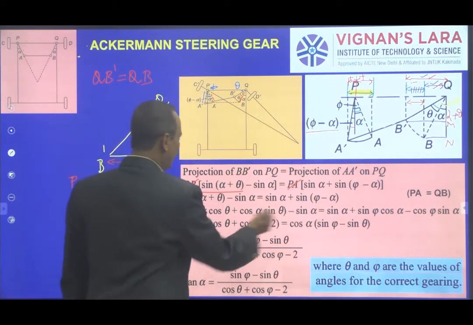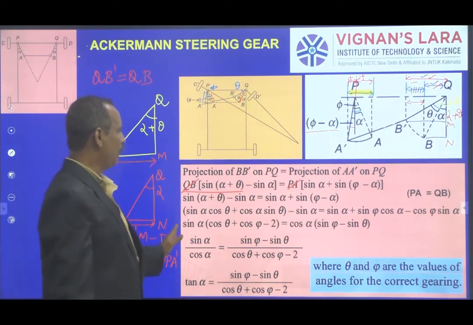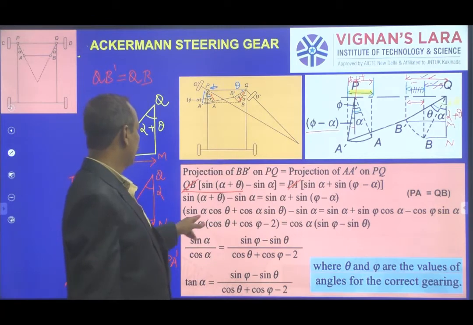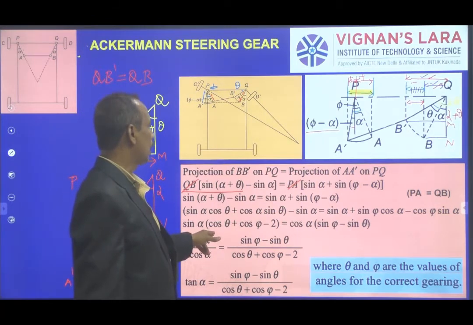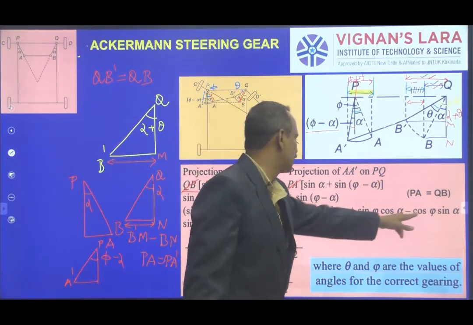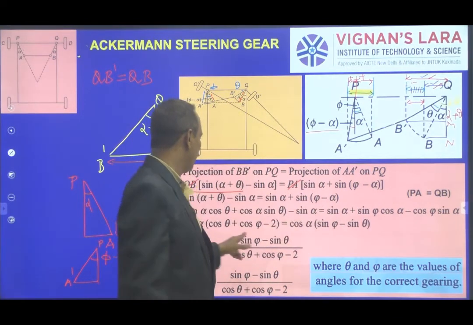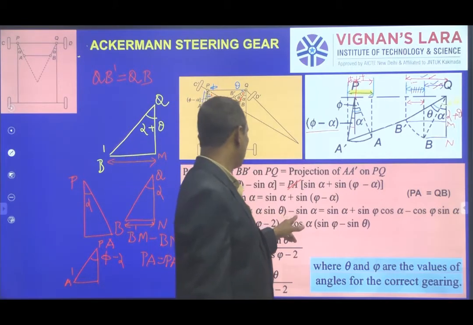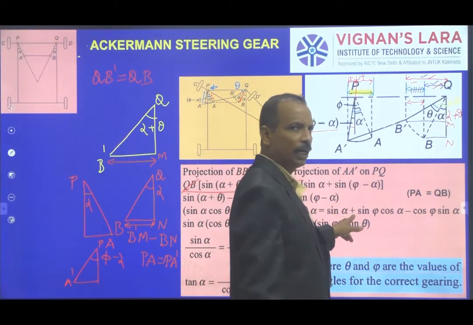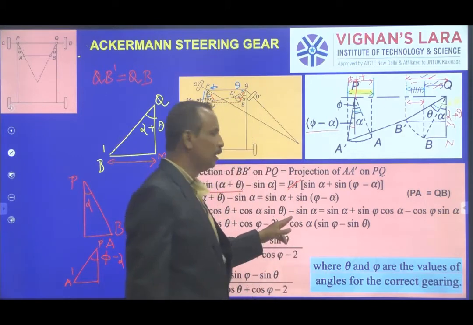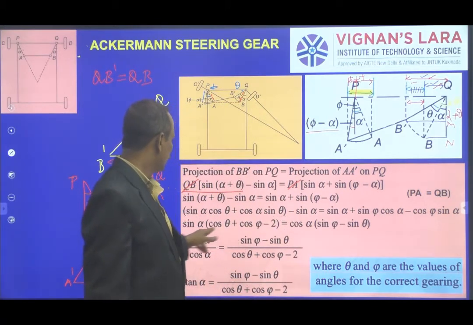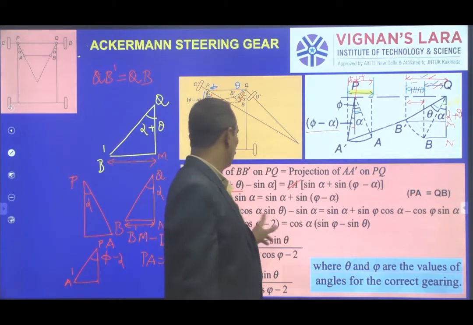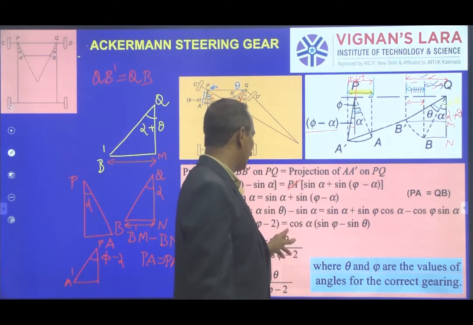Then simply rearrange the terms, sine terms one side and cos terms on the other side. So I can rearrange sine alpha into cos theta, and taking from this side, the minus sign will become plus, then plus cos phi, and here minus sine alpha and here plus sine alpha. If I take this side, minus 2 sine alpha, then sine alpha is outside, it is minus 2, and the cos terms go to the other side.